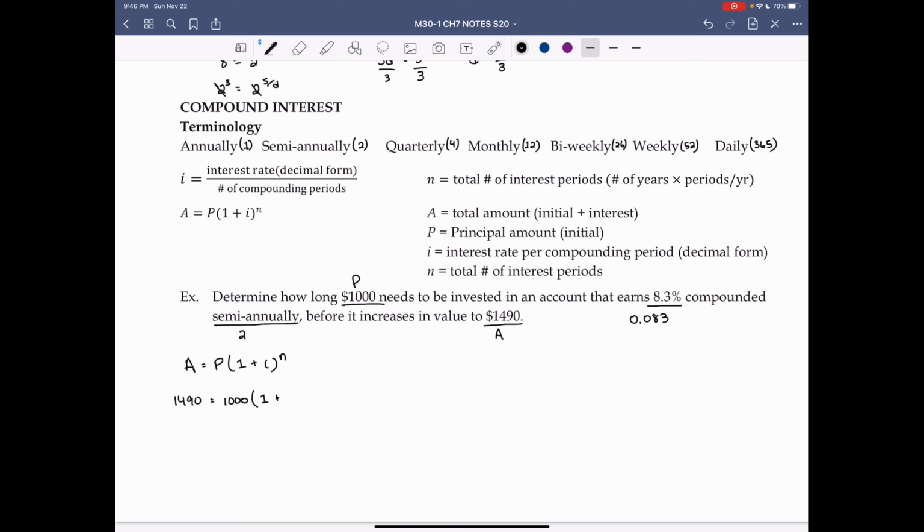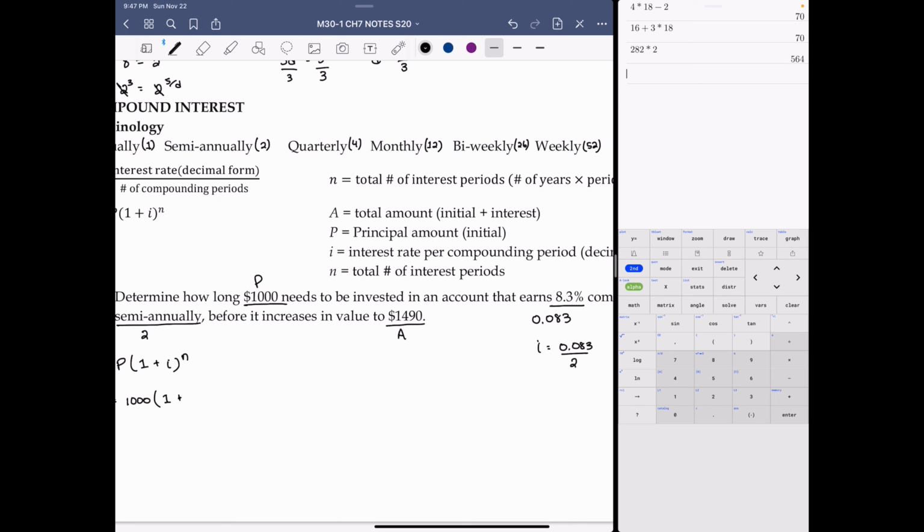We can calculate i because we have the interest rate as a decimal and the number of compounding periods. So i is 0.083 divided by 2, which is 0.0415.